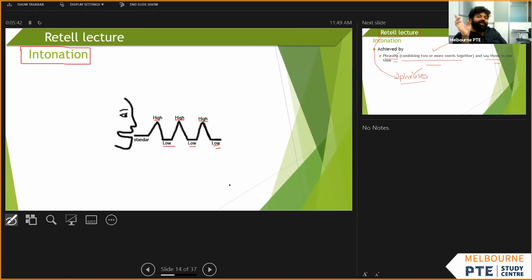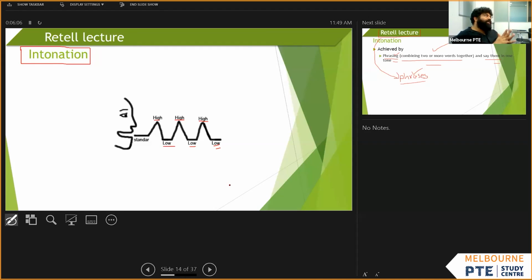Okay, if you have a look at the graph, it is going high at some places, low at some places. What does it mean? Okay, sorry? Yes, more or less you can say.